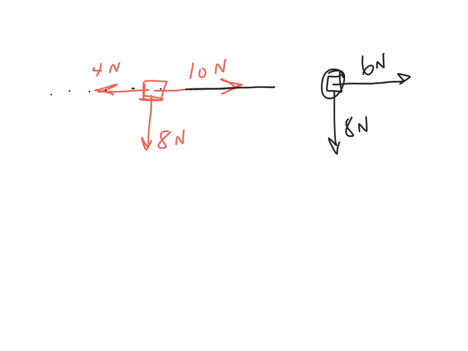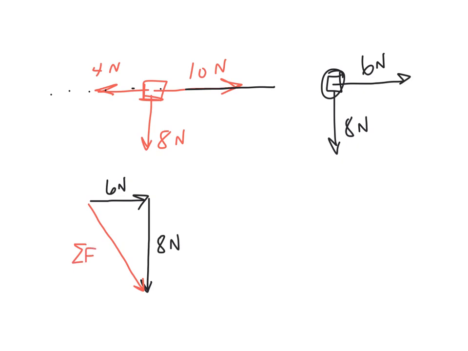So what I'm going to do is I'm going to redraw this one more time, and this time I'm going to put my 6 newtons here, and then from the tail of that vector I'm going to draw my 8 newtons, and then what I'm trying to find would be this vector right here. This would be my net force vector that I'm trying to find.